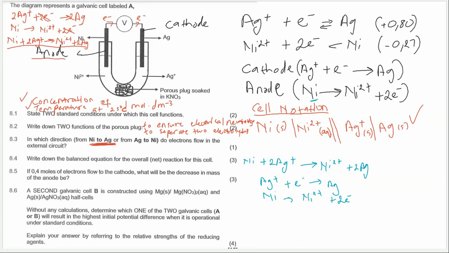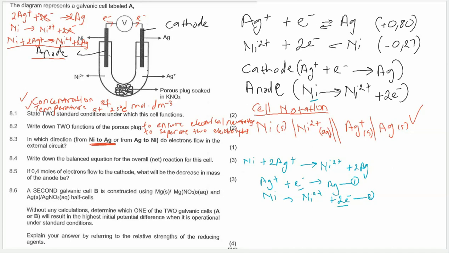Right, so we need to compare the number of moles of the electrons. They're focusing on the electrons, not the ions, so we need to relate it in that way. In reaction 1 and reaction 2, you can see that in the anode you have 2 electrons, and in the cathode you are getting 1 electron.